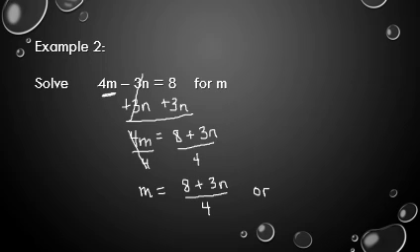Or you might see m equals, and they could actually do 8 divided by 4, which gives you 2, plus 3n divided by 4. You could see it either way. All right, let's move on.